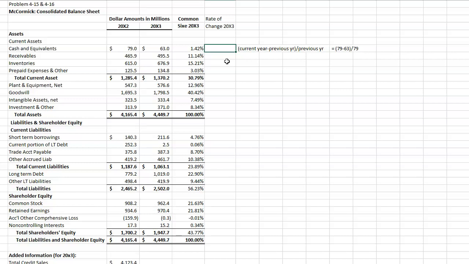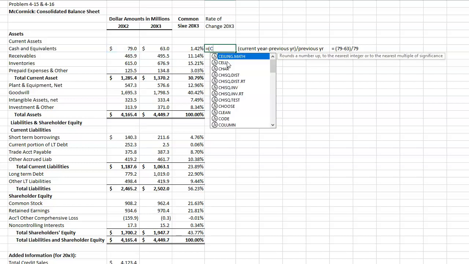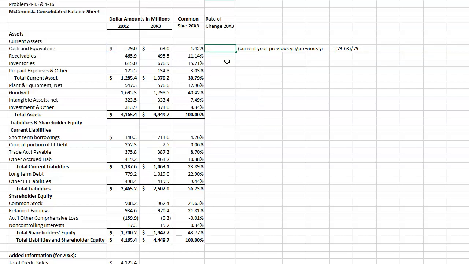Okay, so we're going to put in formulas. You need to use parentheses. So the past year, it's not the past year. It's the current year. What did I tell you guys? Let me just start that over again. I wrote it right, but my head's doing it wrong.